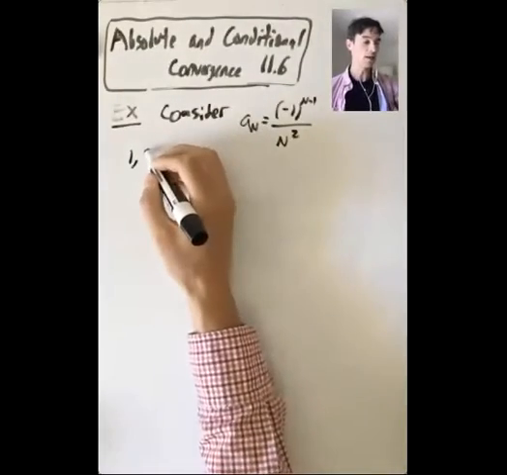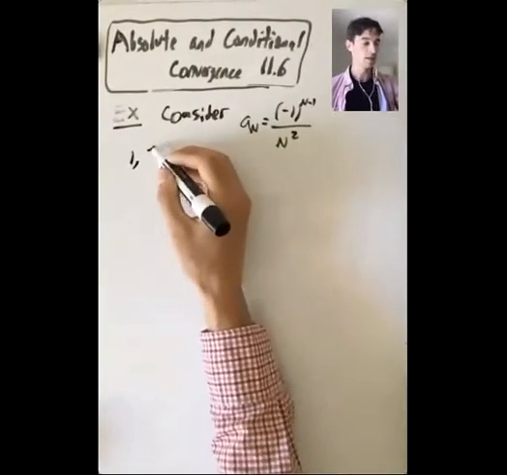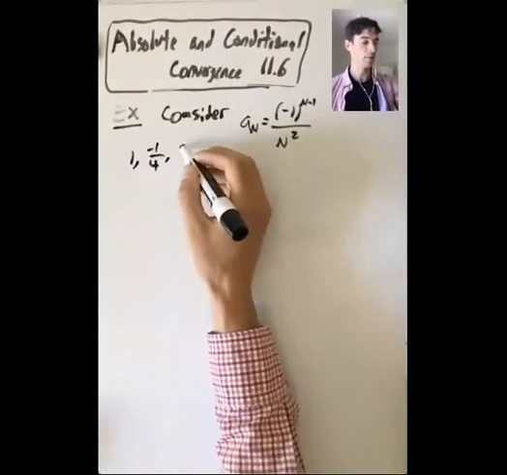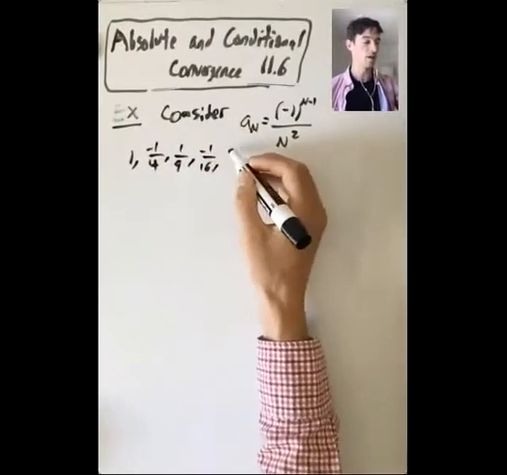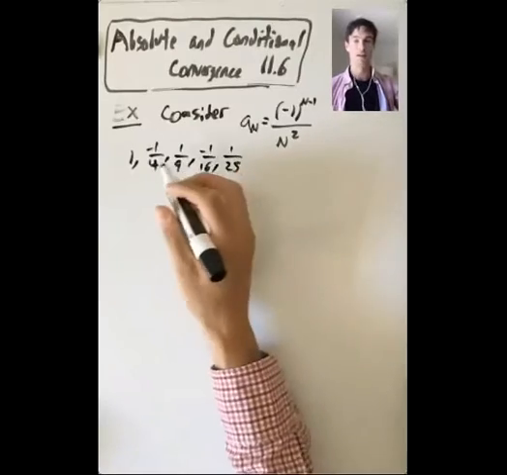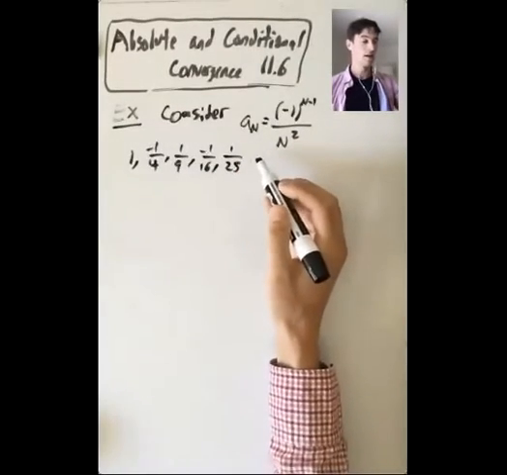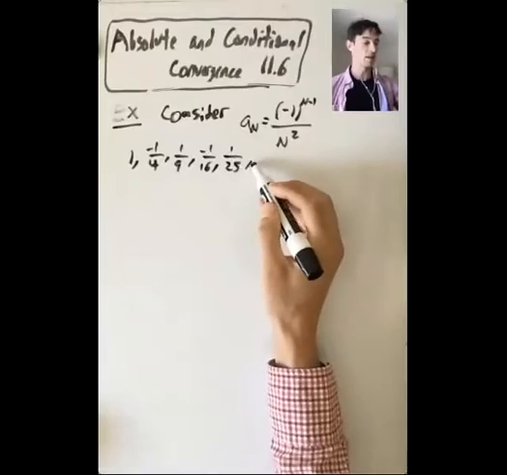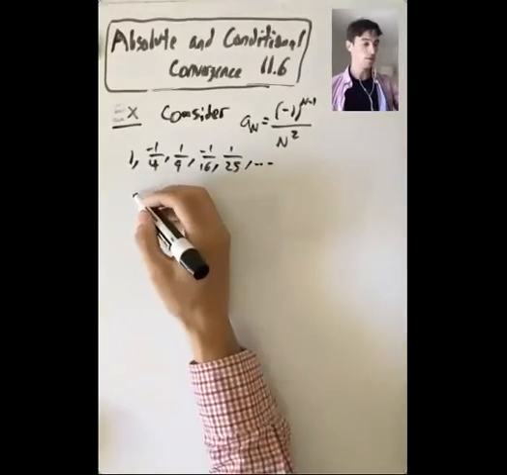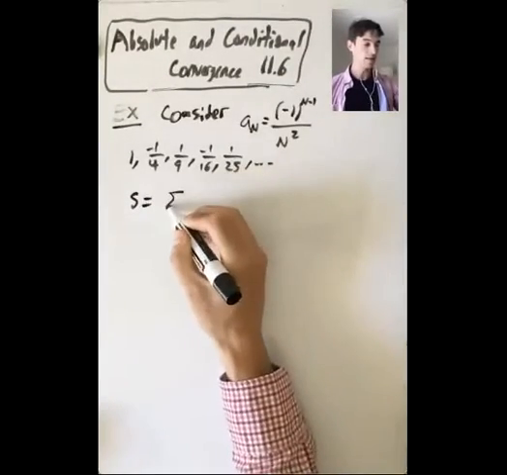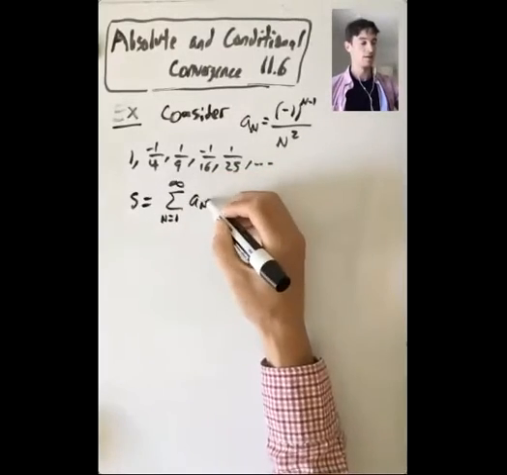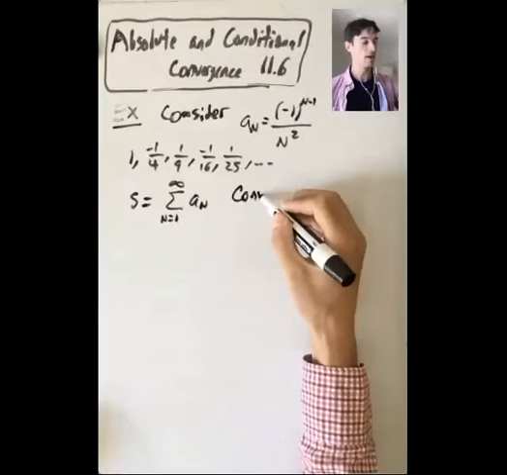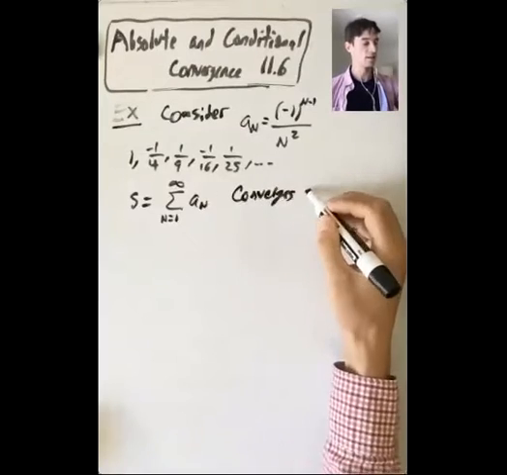We get 1 for n equals 1, then -1/4, then +1/9, then -1/16, +1/25. The denominators are squares, and they alternate plus, minus, plus, minus. So if we make a series out of this sequence, this converges by the alternating series test.